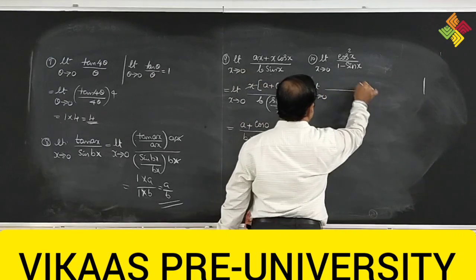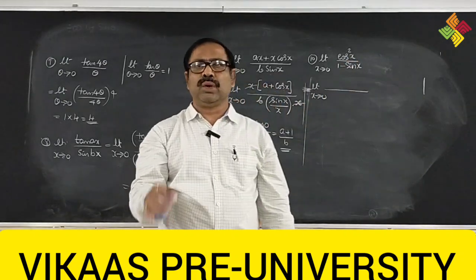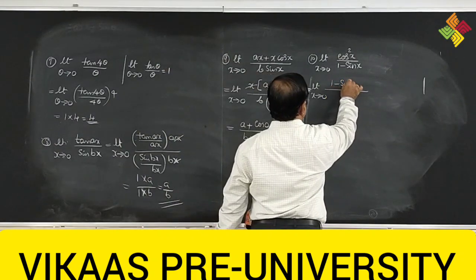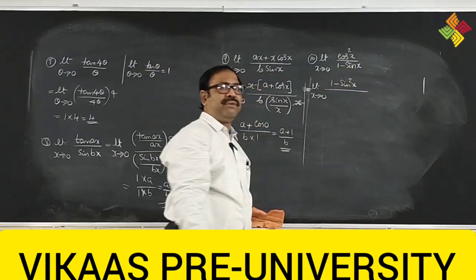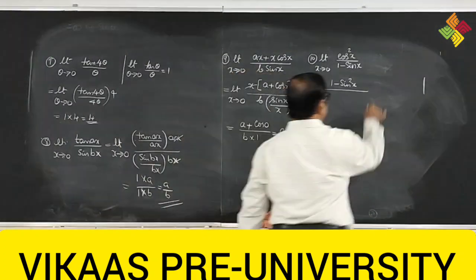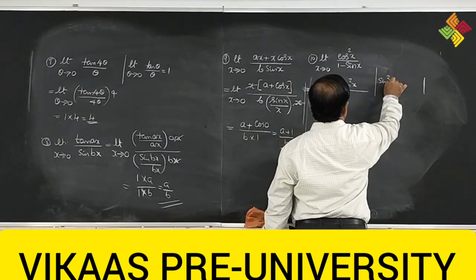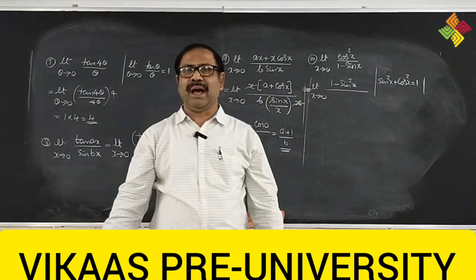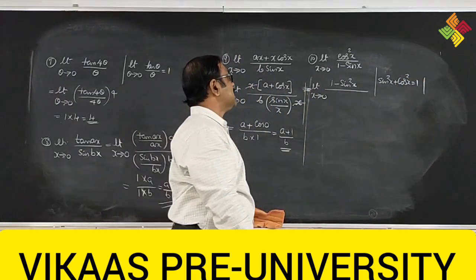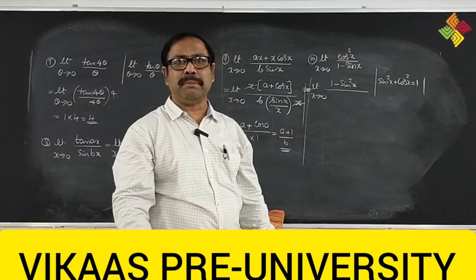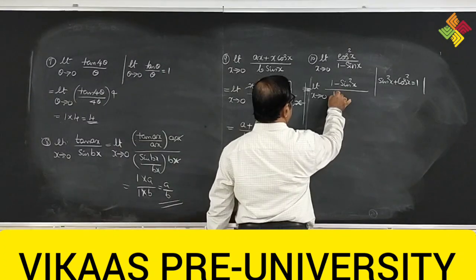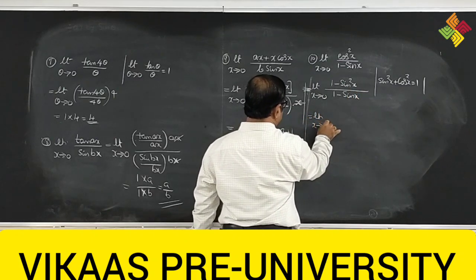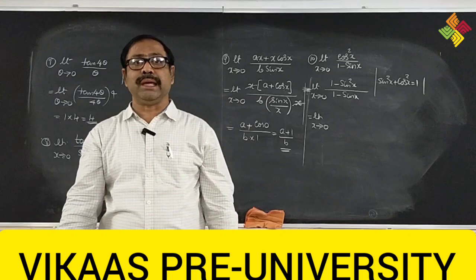You can write cos squared x as 1 minus sin squared x, since we have the formula sin squared x plus cos squared x is 1. Therefore, cos squared x can be written as (1 minus sin squared x) by (1 minus sin x).